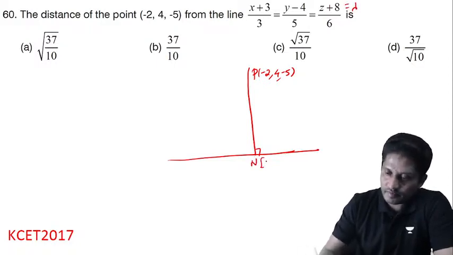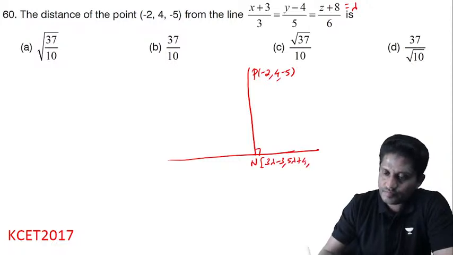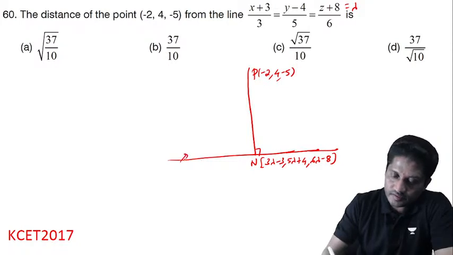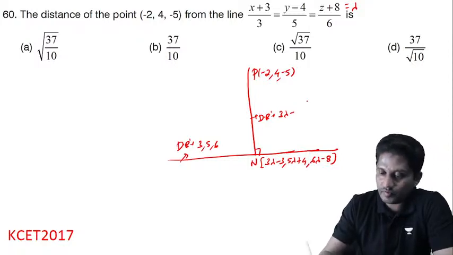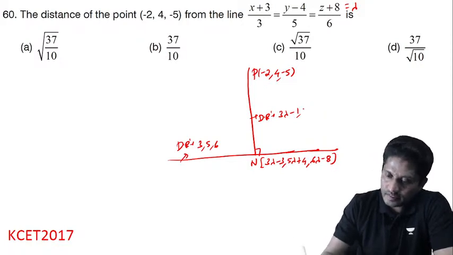General point on this line will be equal to 3 lambda minus 3, 5 lambda plus 4 and 6 lambda minus 8. Okay, so DRs of this line will be 3, 5, 6 and DRs of this line joining 2 points will be 3 lambda minus minus 3 plus 2, which is 3 lambda minus 1, then 5 lambda, then 6 lambda minus 8 plus 5 is 6 lambda minus 3.